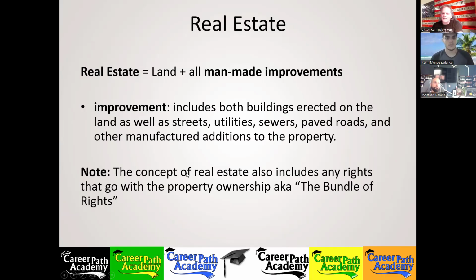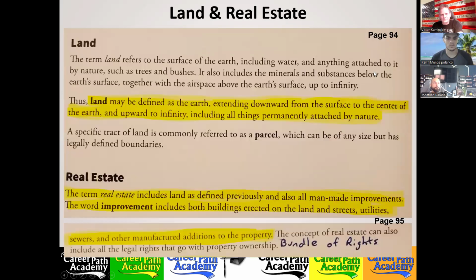So, the concept of real estate also includes the rights that go with the property, the bundle of rights. So, real estate can be defined as land plus all man made improvements and the bundle of rights, all the rights that you get. So let's do some highlighting. Page 94, 95.